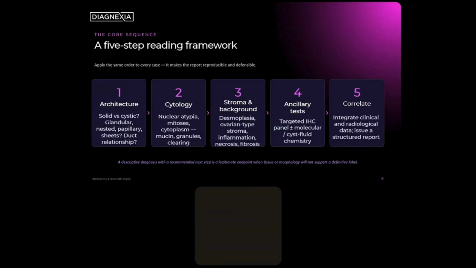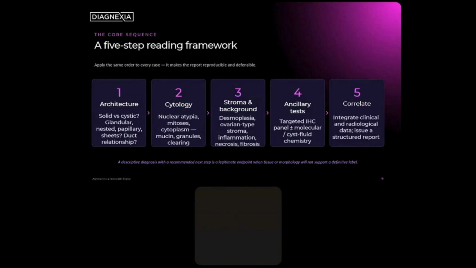Then you have the ability to do ancillary testing. So if you, at this stage, after step 3, can't make a diagnosis and you feel, well, I need to do immunohistochemistry to prove that it is an adenocarcinoma of the pancreas or a neuroendocrine tumor, well, you have the ability to do that. Again, if there's fluid available, you can test that as well, both from a chemical point of view as well as molecularly.